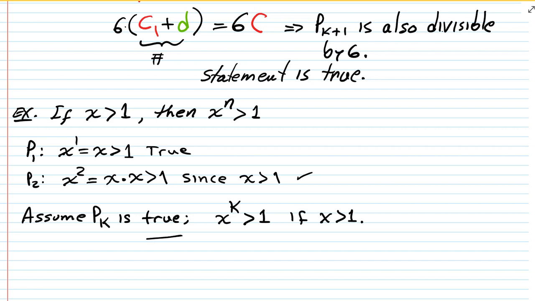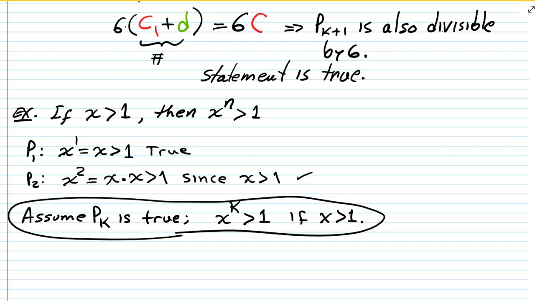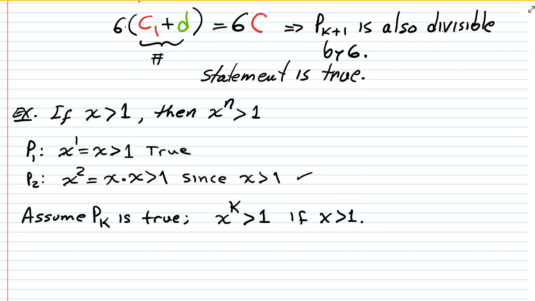This is the only thing we can assume to be true. It's called our induction hypothesis. Now we want to show that this also works for the next value after k. Show P sub k plus 1 is also true.